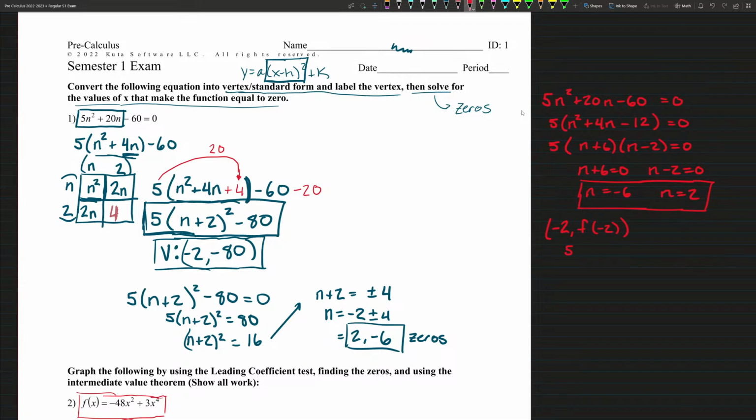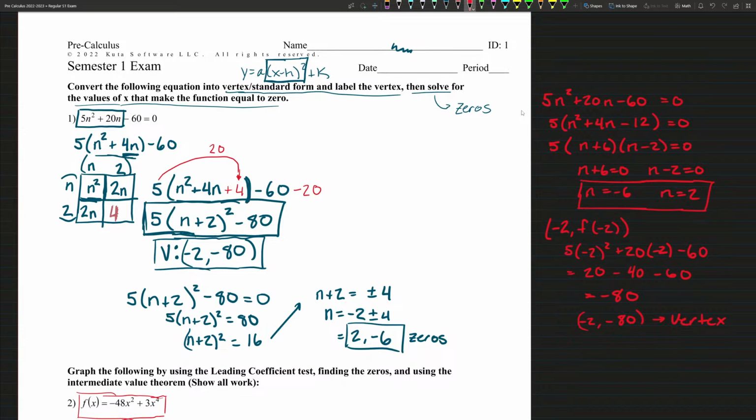So if we do that, this is going to equal 5 times 4, which is 20, minus 20, sorry, minus 40, minus 60, which is negative 80. So then our vertex is negative 2, negative 80. So that's our vertex.